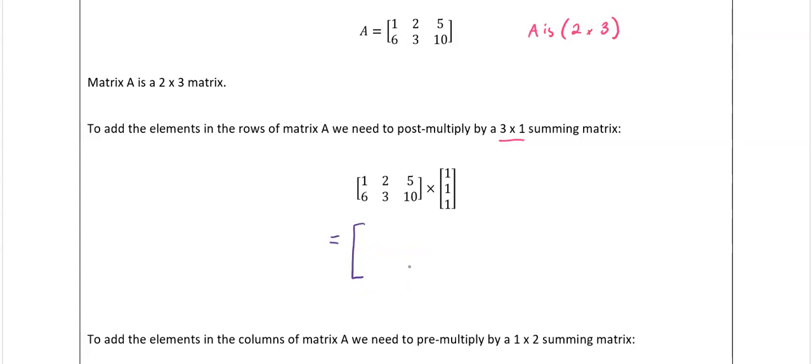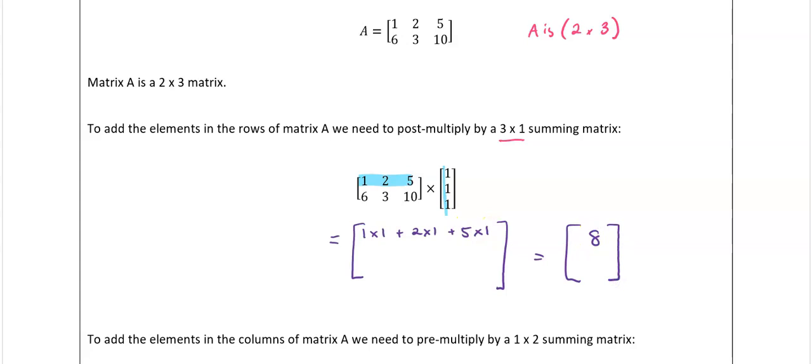So using my run and dive method, I'm working across the top row down the column. So I've got the numbers 1 times 1 plus 2 times 1 plus 5 times 1. And so you can see there, I'm actually just multiplying each of those values in the row by 1. So when I complete that calculation, I've got 1 plus 2 plus 5, 8.